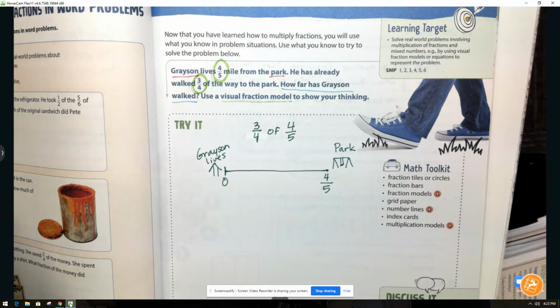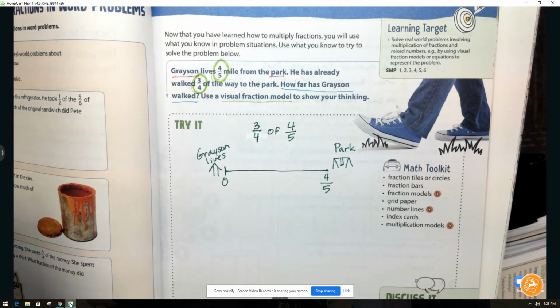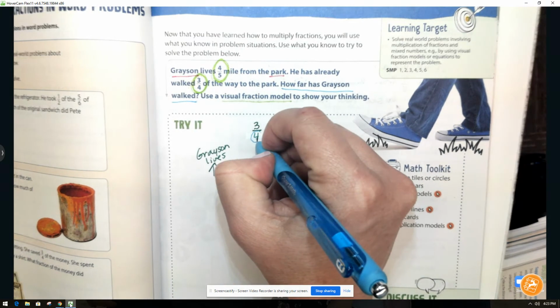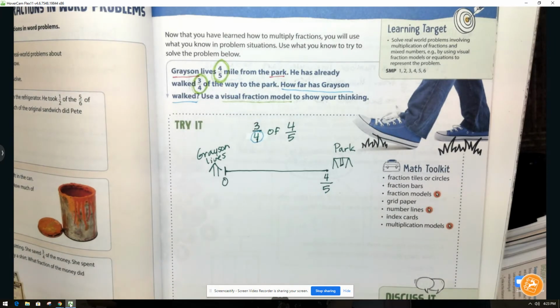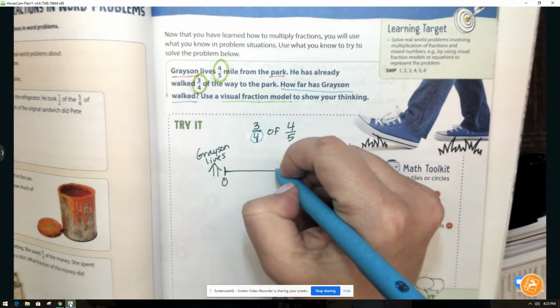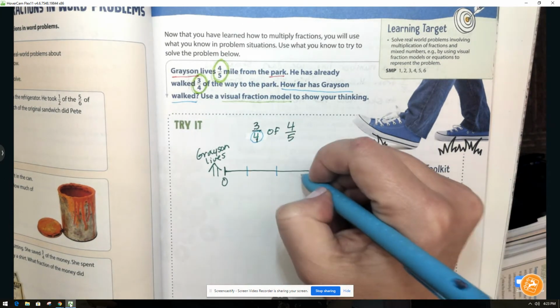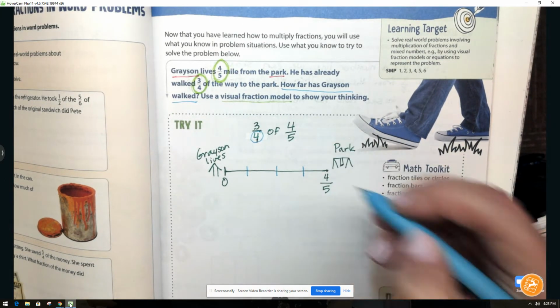So what we're going to do is look at this denominator, and break this section up into fourths. If I want to break the section into 4 parts, that means I need to draw 3 lines. So I'm going to draw 1 line in the middle, 1 line in half of that, and 1 line in half of that.